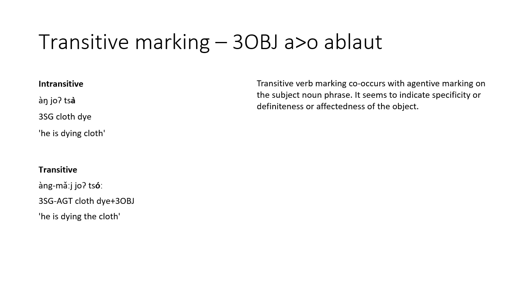Here is an example of third person object a to o ablaut, which only occurs when there is a verb root or a verb suffix that has a vowel that becomes o, and in this case the falling tone becomes high.